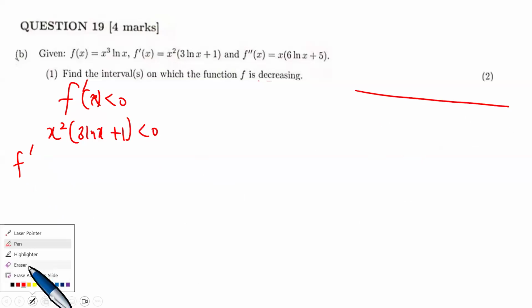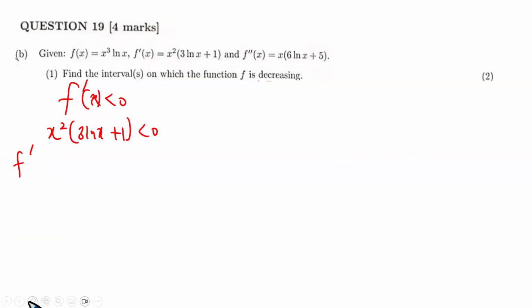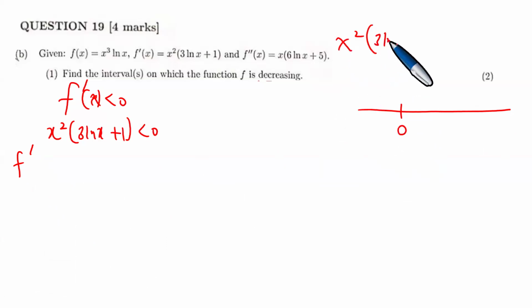So this would be, for instance, at 0, because x squared, 3 ln x plus 1 is 0, which means x is 0.